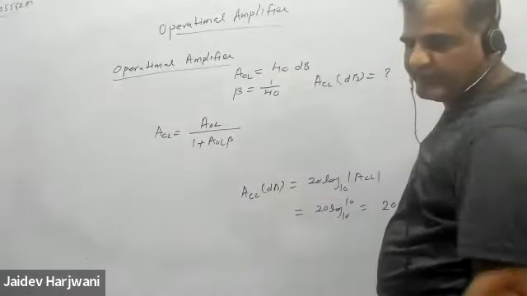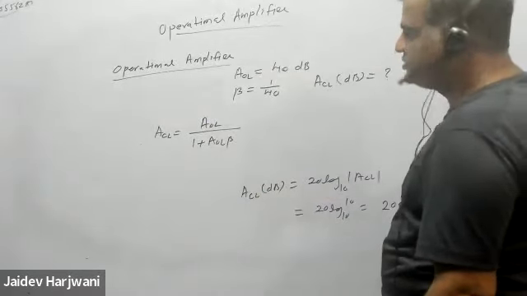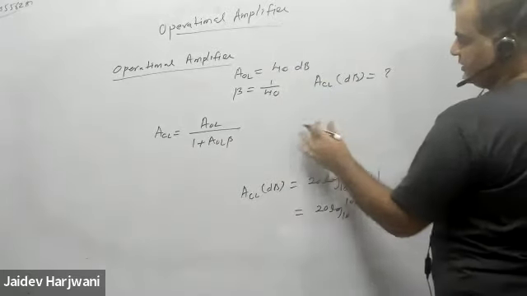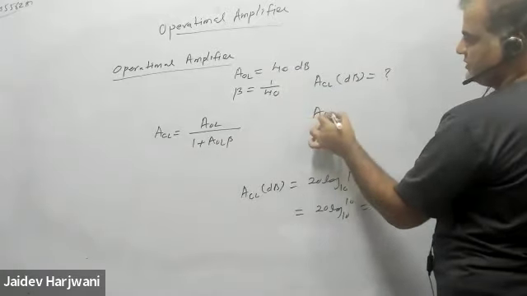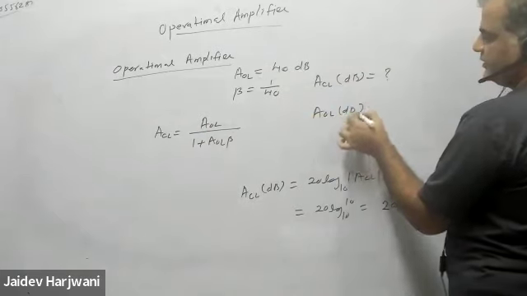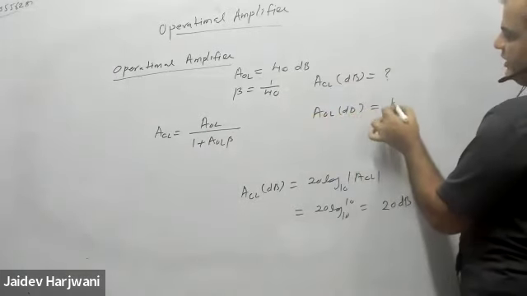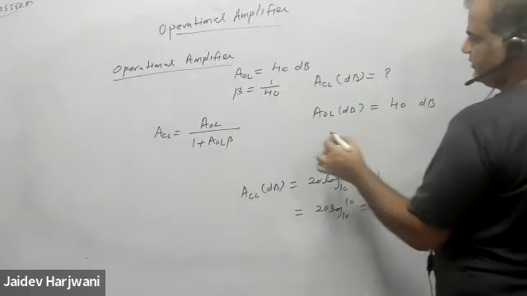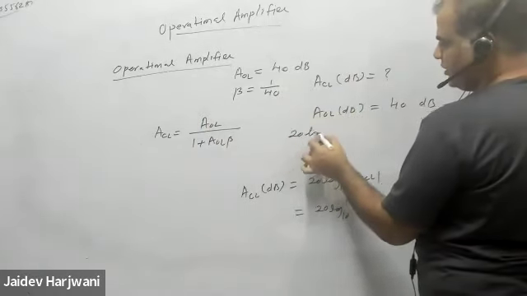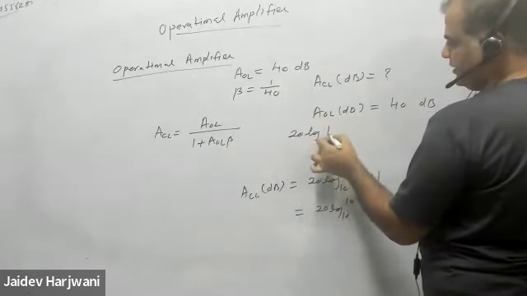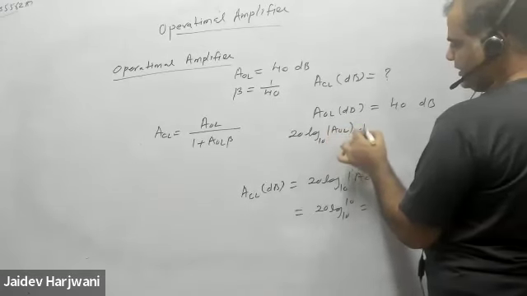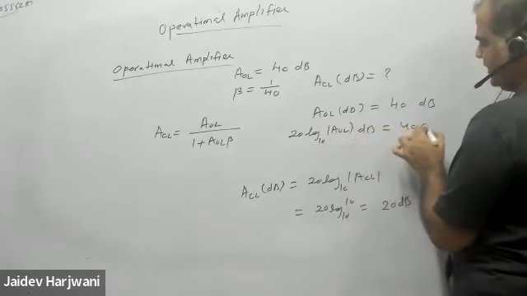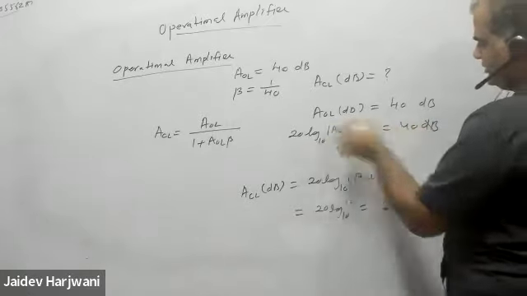Now AOL is given in dB. So first you have to convert this dB into the number. AOL is given as 40 dB, which is equal to 20 log 10 AOL.